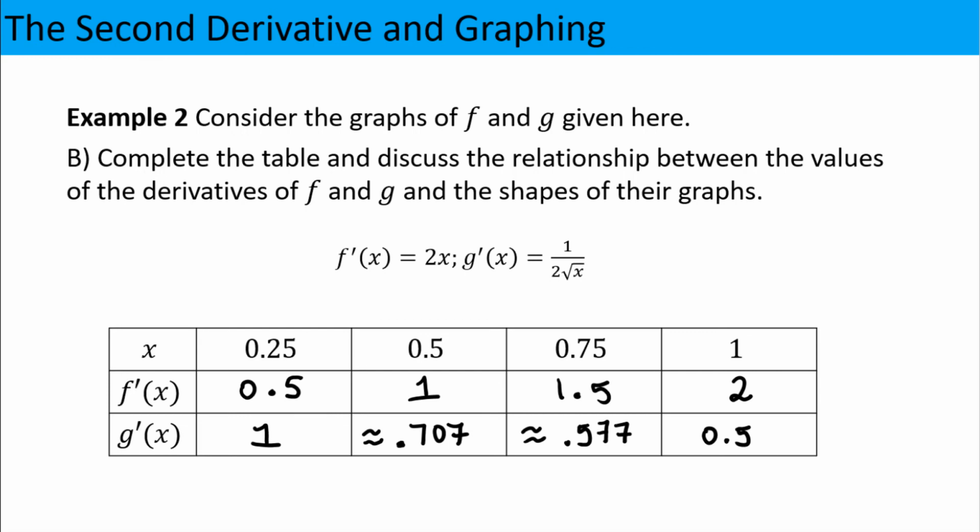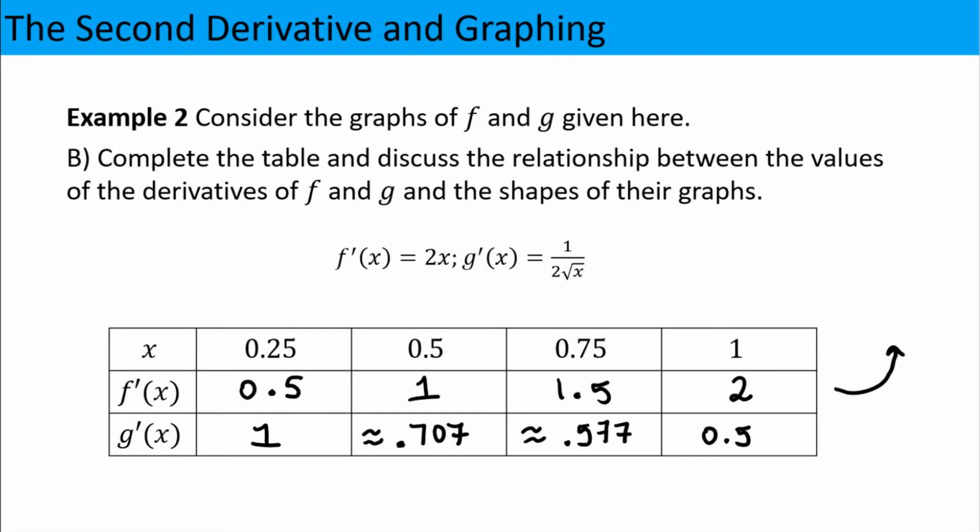What we observe is that derivative f prime of x is positive at all of those values, and the derivative value is getting larger. From half to 1 to 1.5 to 2, that derivative is increasing. Notice that that graph was concave up. G prime of x at those values, they're all positive, but the values are getting smaller. We go from 1 to 0.71 to 0.58 to 0.5.